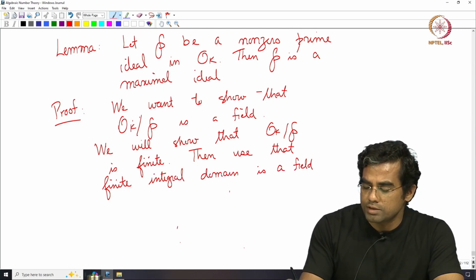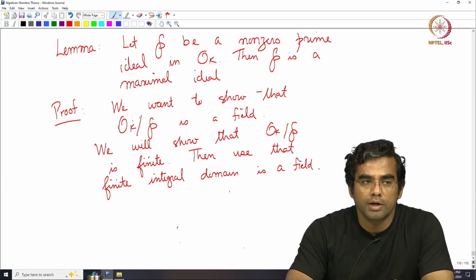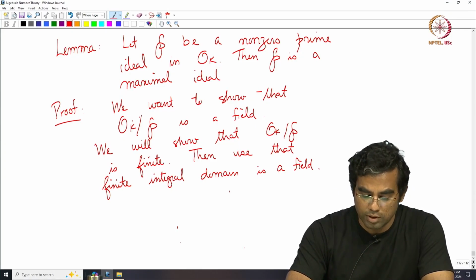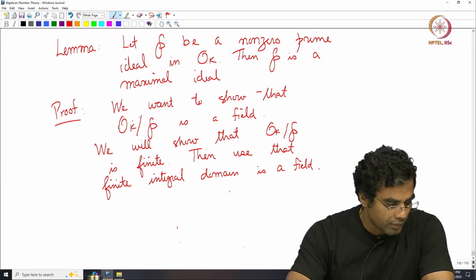This you must have seen in any basic algebra course, that if your integral domain is finite, then it is actually a field. So there can't be a finite integral domain that is not a field. All right. So how do we prove that?